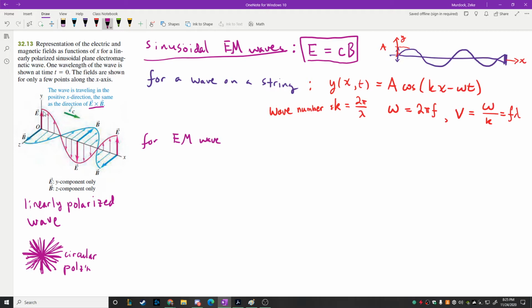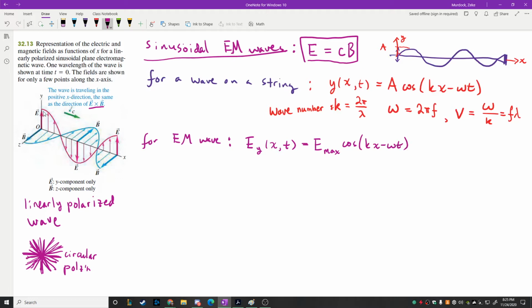What we're going to have is our electric field, the y component of our electric field as a function of x and t, is going to be equal to the max value that the electric field gains, so E max, multiplied by also a cosine function, cosine of kx minus omega t.